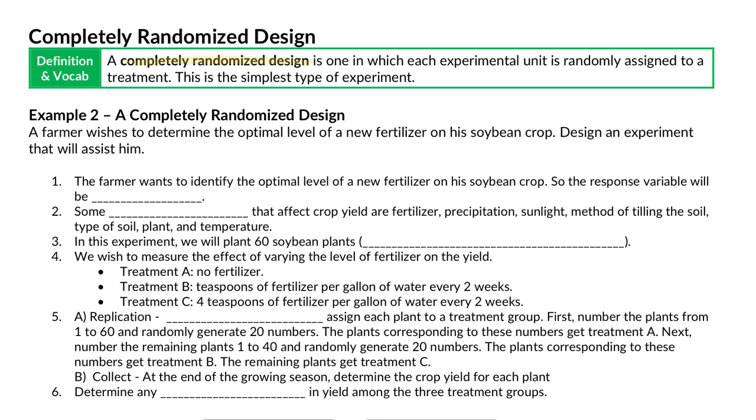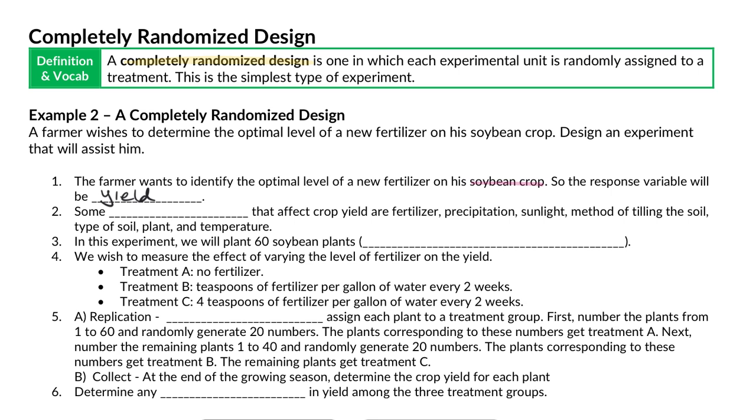Fertilizer. That's what we're going to change. We're changing the fertilizer to see what? Optimal levels. In farming culture, that's called the yield. What is the population that we're working with? The soybean crop. Yeah, his soybean crop. That's our population.